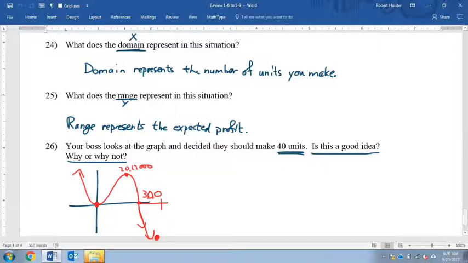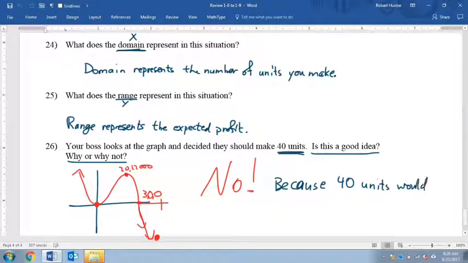So the answer is no. This is a bad idea. Why or why not? Because 40 units would result in a negative profit.